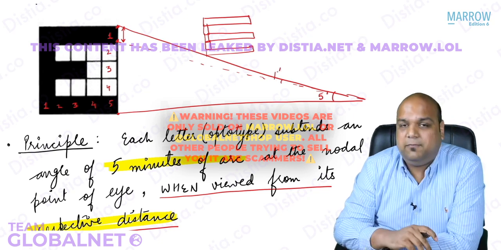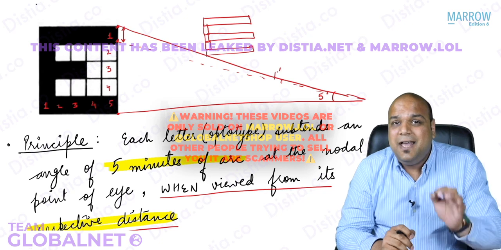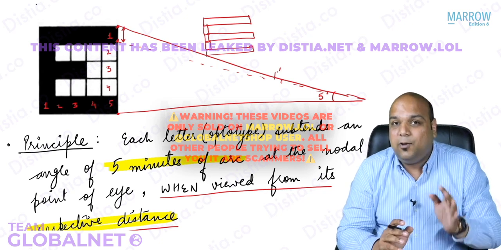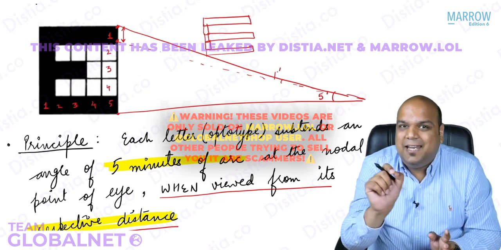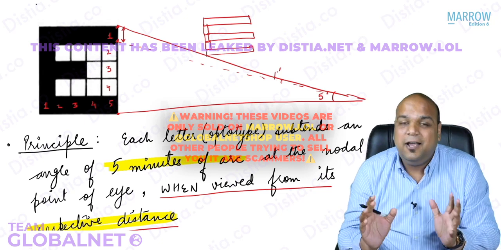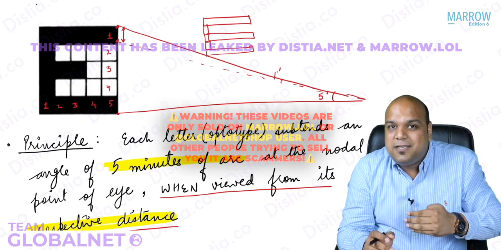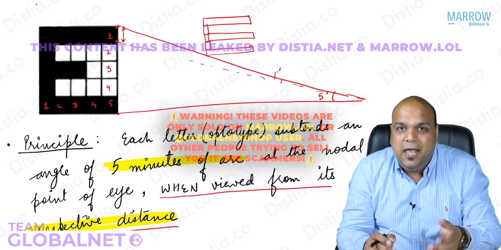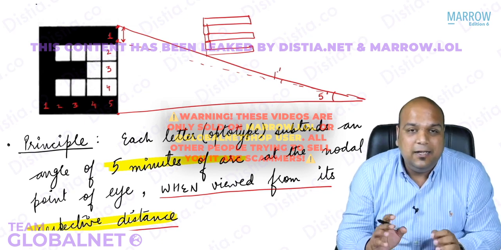Now, why 1 minute, everybody? Because we have just read that the minimum angle of resolution is 30 to 60 seconds of arc, or 1 minute of arc. So to be able to discern each stroke of the letter, this is how Snellen chart letters are made. And the size is decreasing because the nearer we come, the smaller the letter can become, and the angle still remains the same.